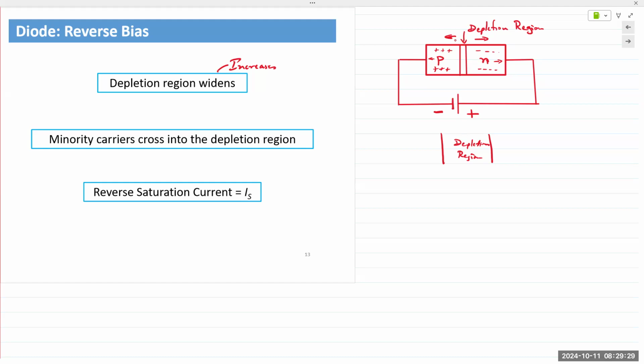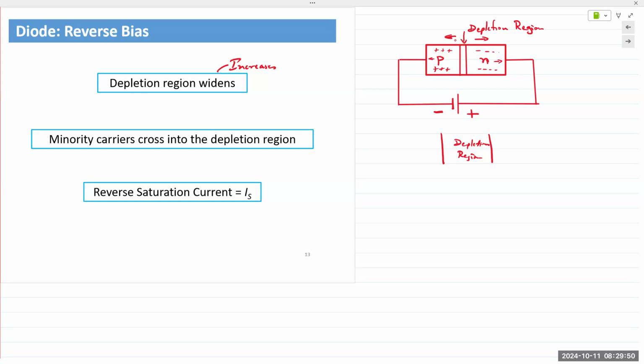One thing to note: if you increase the voltage in reverse bias, the saturation current will increase because it's generating more carriers. The electric field is increasing, imparting more energy to the minority carriers. So even though the name is saturation current, it does not really saturate at a level.